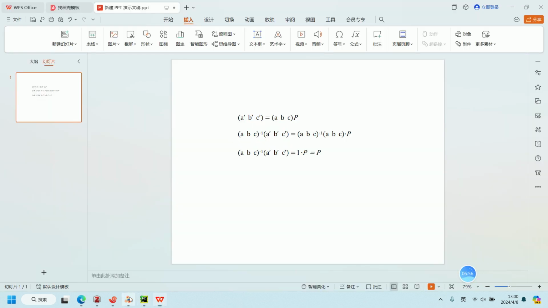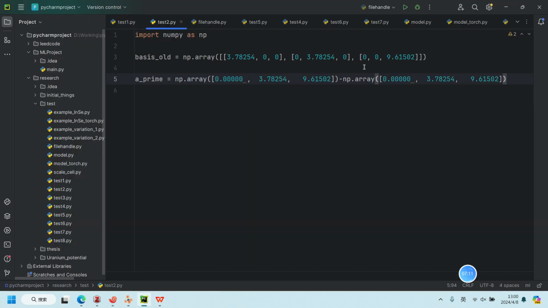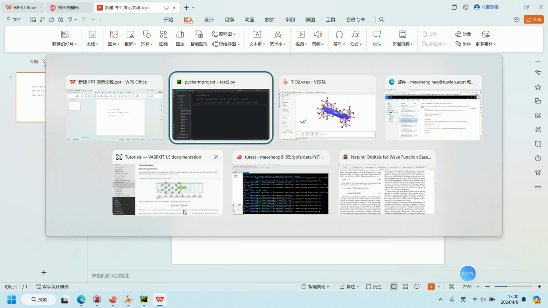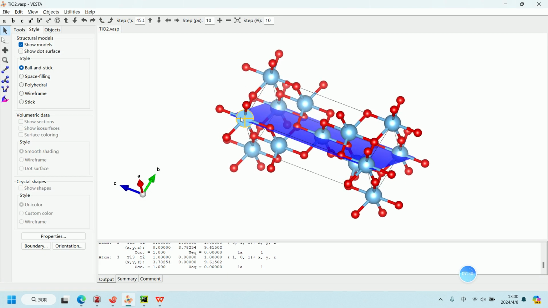And we need to know the position vector of this other atom too. Okay, now we can obtain A prime. A prime here is actually this vector, right?